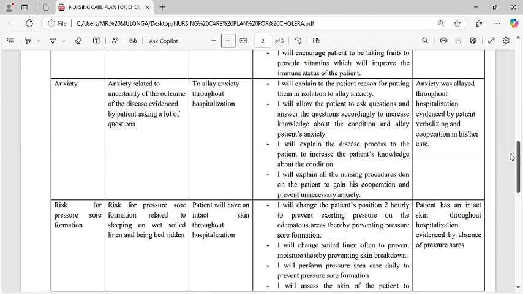From there, our last point is I will explain all the nursing procedures to be done on the patient to gain his cooperation and prevent unnecessary anxiety. So you have to explain each and every procedure that is to be done, or that you are doing on the patient, to prevent unnecessary anxiety.